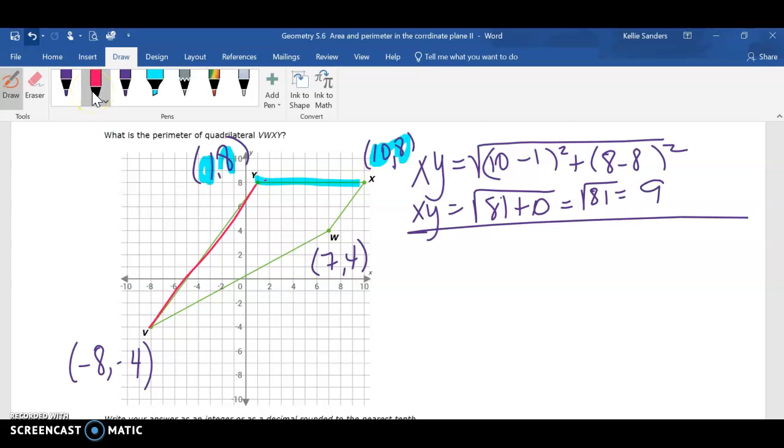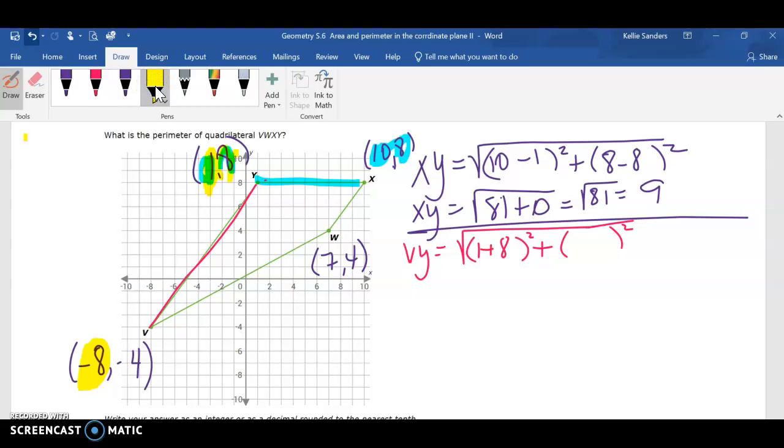Now let's do VY. Let's change colors. It doesn't matter which one's first, as long as you do the same one to the same one. So y, 1 minus a -8. 1 minus a -8 would be +8.